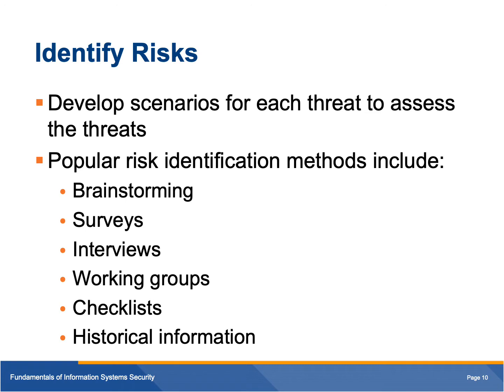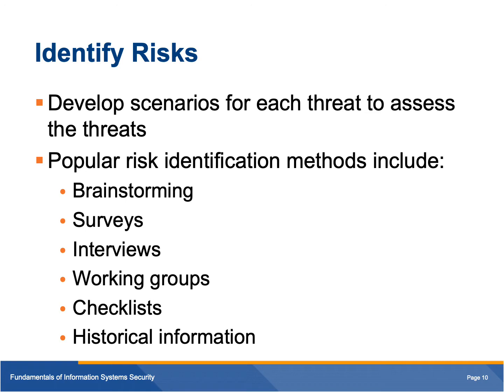We can use a framework like COBIT 5, for example, to provide us some scenarios or some ideas of things that can happen that are built into the framework. Or we can just start from scratch and look at our organization and our type of business or our ecosystem to try to create scenarios based on our reality.